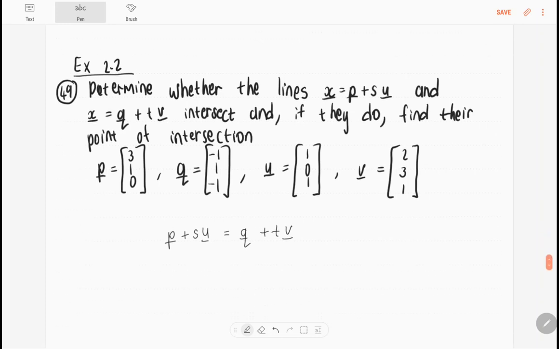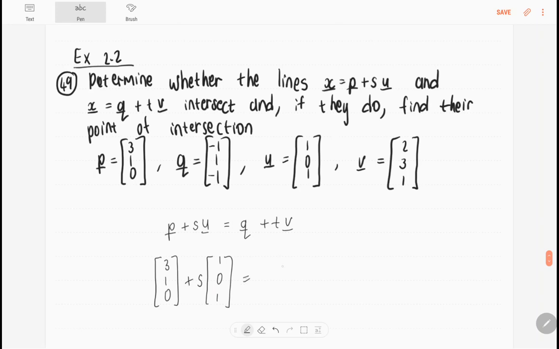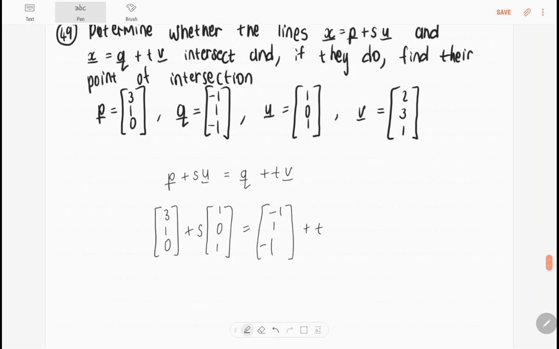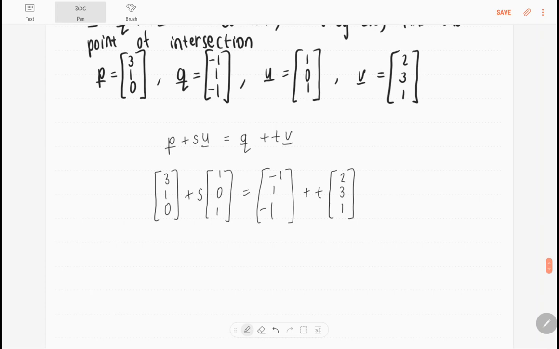Now I'm just going to write it in vector form, writing in all of my vectors. So I have (3, 1, 0) plus s multiplied by u, which is (1, 0, 1), equals q, which is (minus 1, 1, minus 1), plus t multiplied by v, which is (2, 3, 1). Now I'm going to write it as a set of equations.